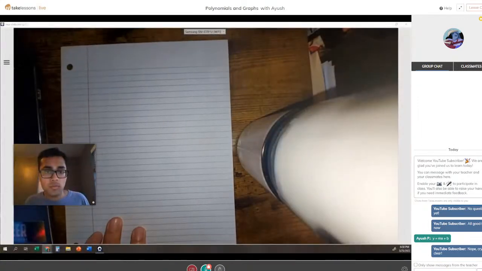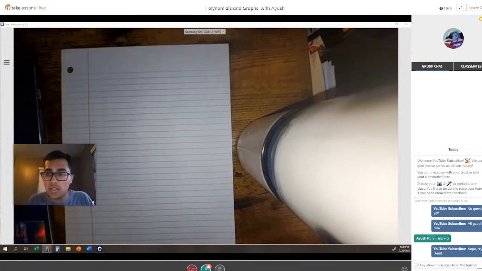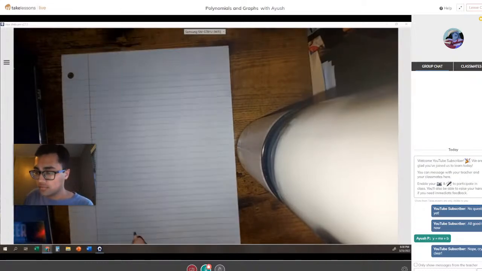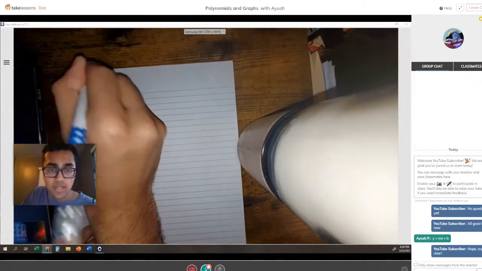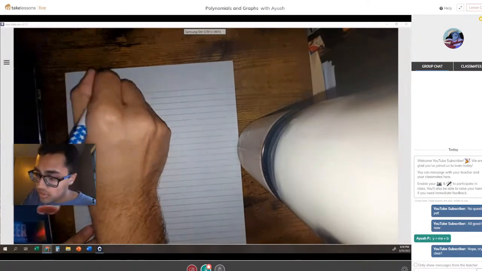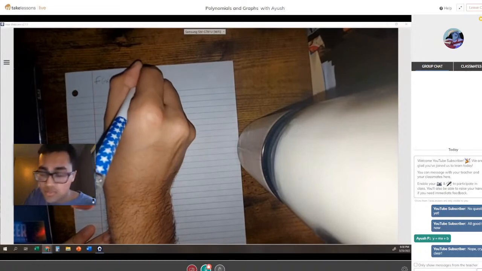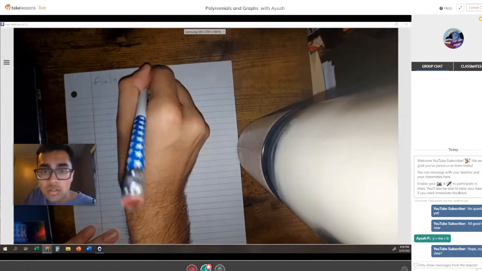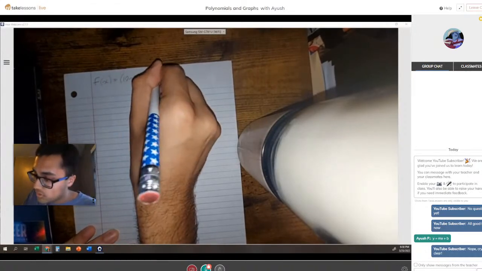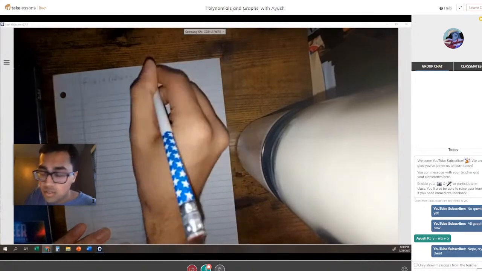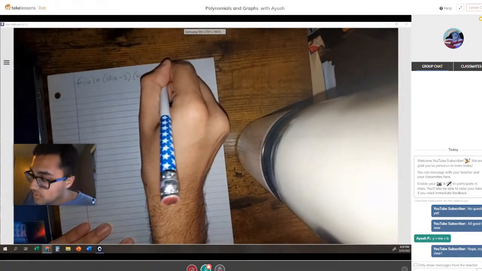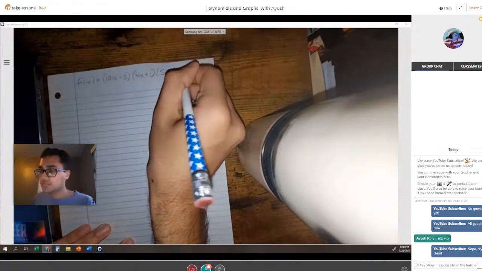And what we're going to do is we're going to do a couple, one or two more similar questions, right, as before. So here's the function. We have f of x is equal to 10x minus 3 times 4x plus 1 times 5x minus 2.